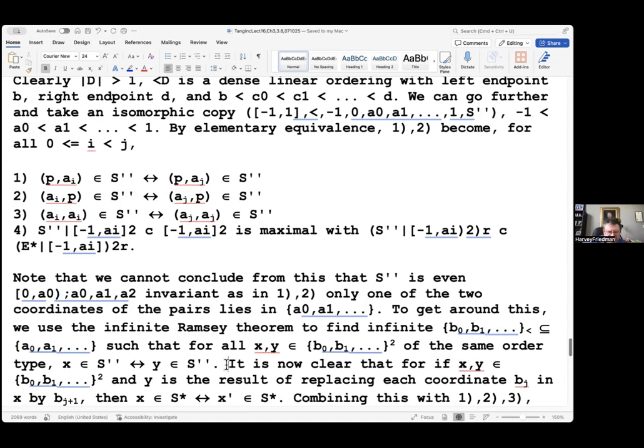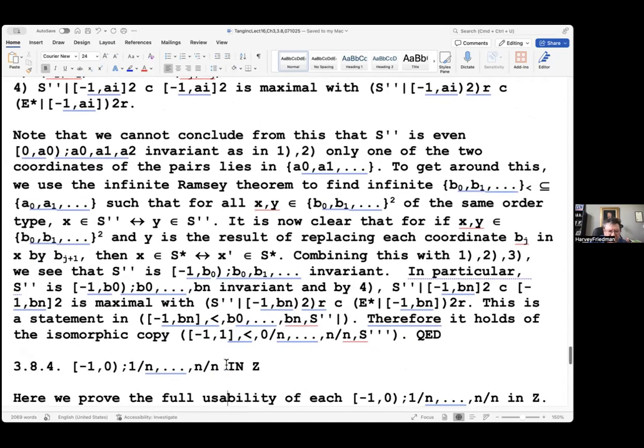It's now clear that if X and Y are in the cutback, and Y is the result of replacing each coordinate Bj in X by Bj plus 1, then we don't change. Because we already have it before that we can move any one. Now we can move any two. We're home free. So we then have the invariance that we're looking for.